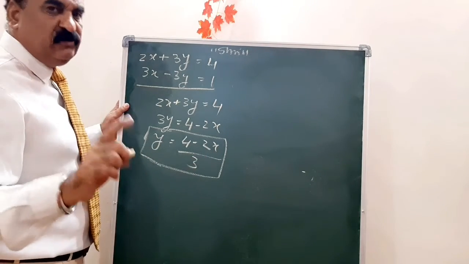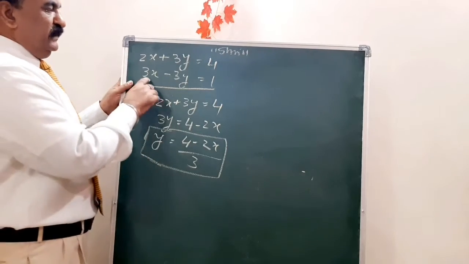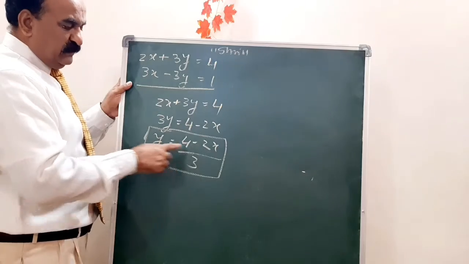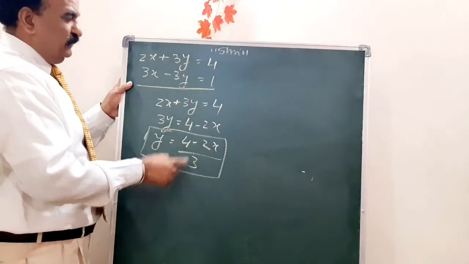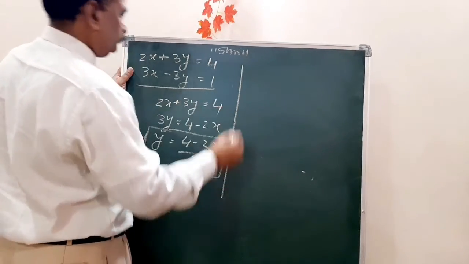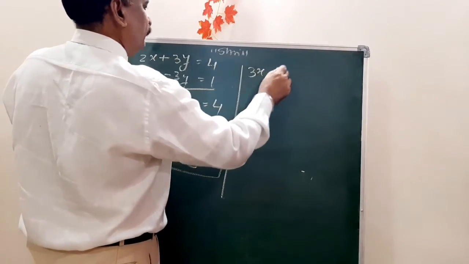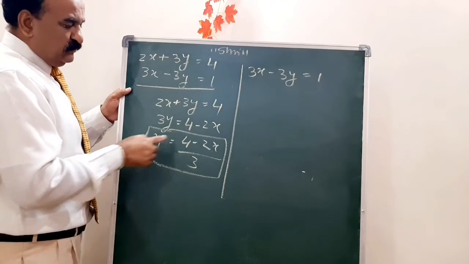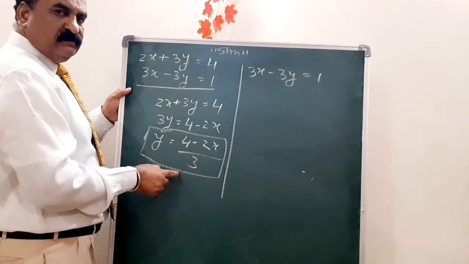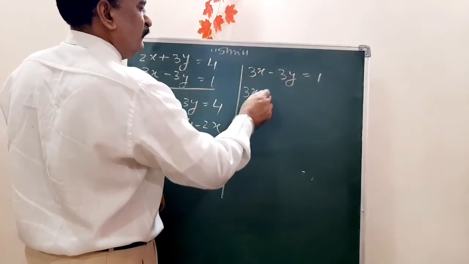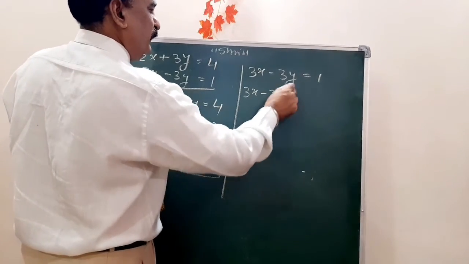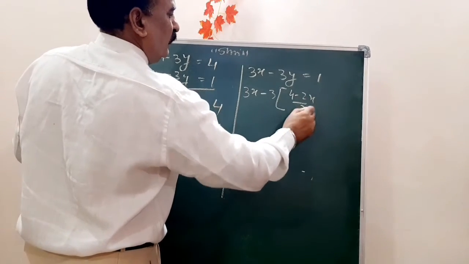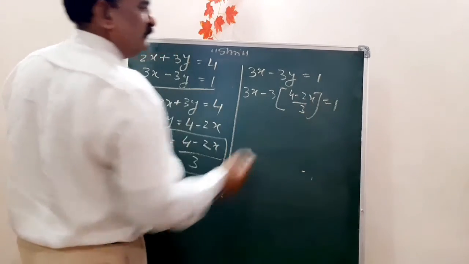Now you have to find the value of x. Let us see how. 3x minus 3y equal to 1. So in place of y, you can put 4 minus 2x upon 3. So 3x minus 3 into bracket 4 minus 2x upon 3 is equal to 1.